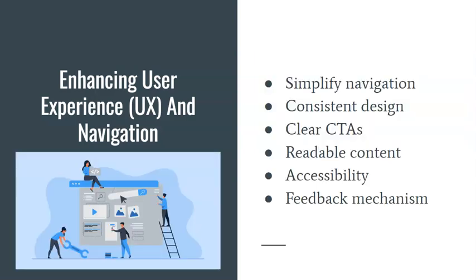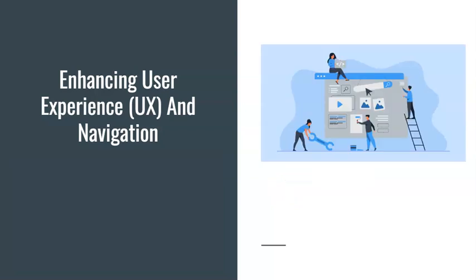And then the second thing we need to look at when it comes to enhancing your user experience is also minimizing the HTTP requests of your website, like we talked about previously.